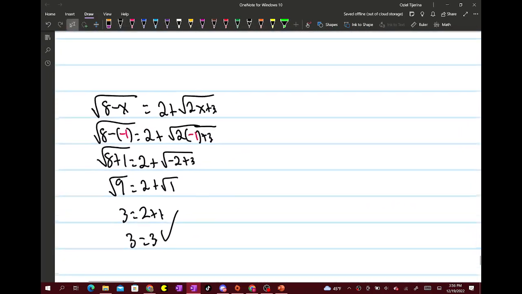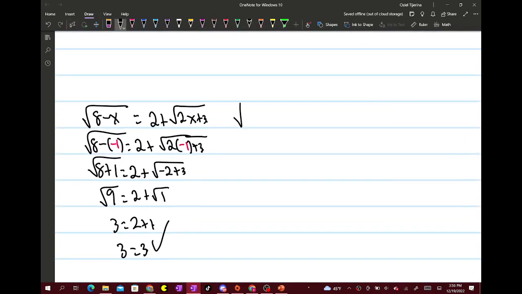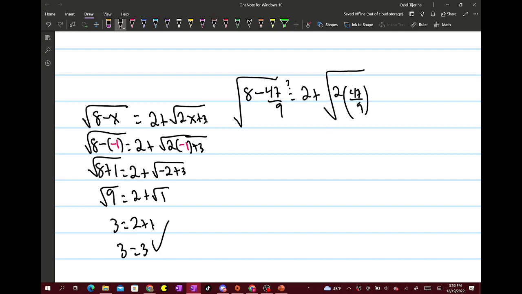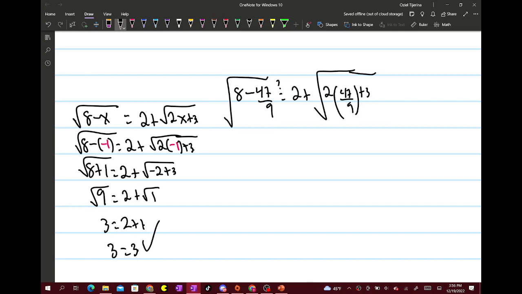And now we're going to do 47 over 9. So the square root of 8 minus 47 over 9, is this equal to 2 plus the square root of 2 times 47 over 9 plus 3, right?